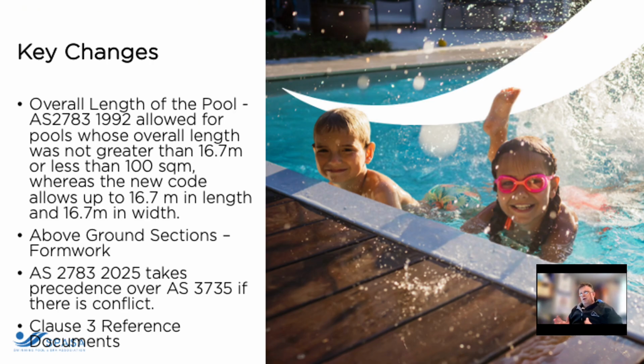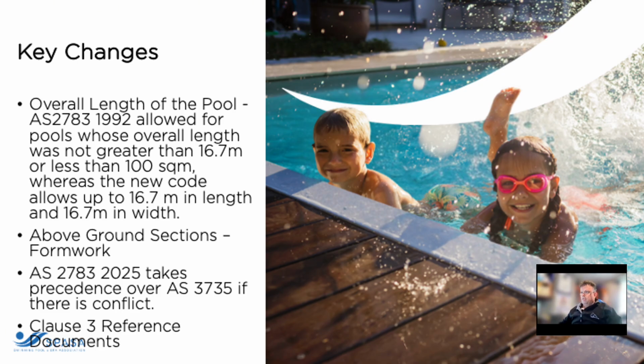If it's greater than that, then it will be AS3735. There will be no conflict. But if it sits within the 16.7 metres, then the code will take precedence. The AS2783 shall take precedence.